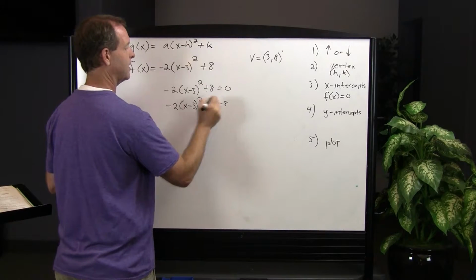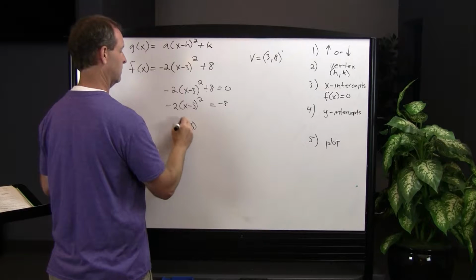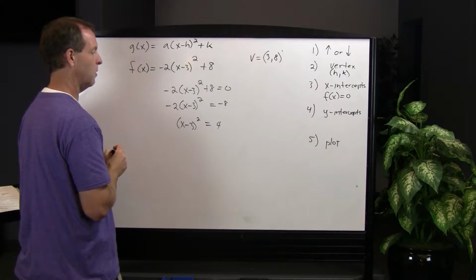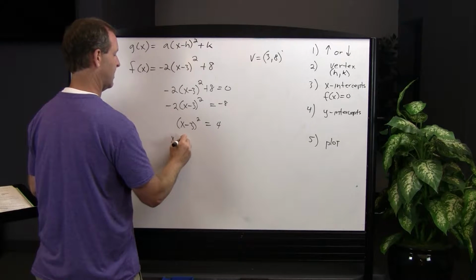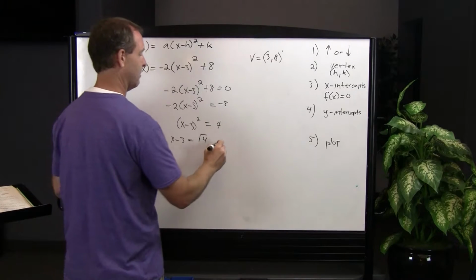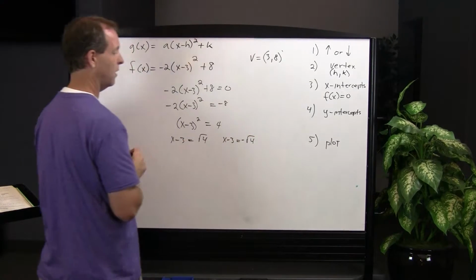Subtract 8 from both sides. Let's divide both sides by -2. Let's take the square root of both sides. So that gives me x minus 3 equals a positive square root of 4, or x minus 3 equals a negative square root of 4.